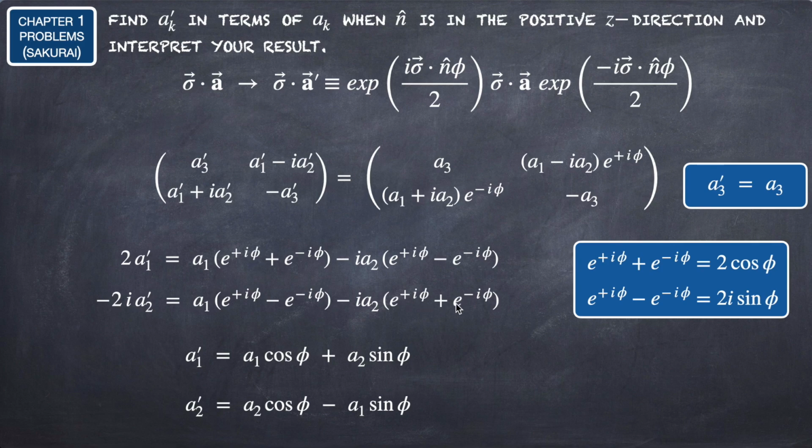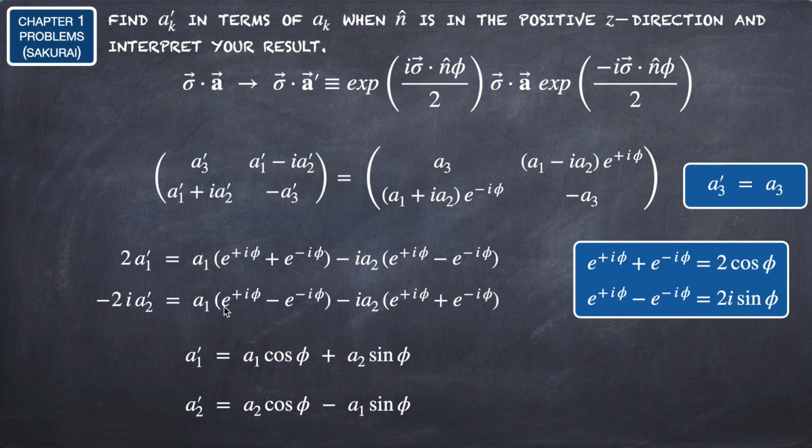The second equation, we will eliminate this term minus 2i on every term, and then the result is going to be A2 prime being equal. First, let's do this. It will be A2, and this will result in A2 cosine of phi.